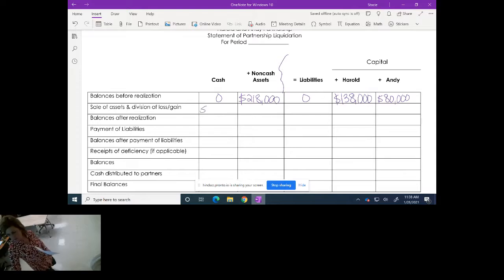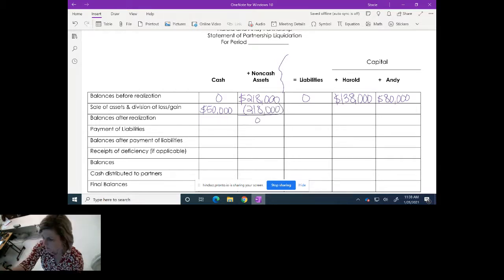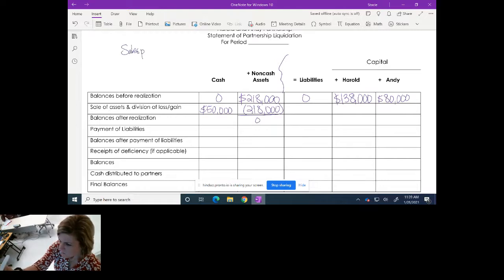Sale of the assets. That's going to add cash of 50. And that's going to make our non-cash assets amount go away. So, sales price of 50. Cost of 218.